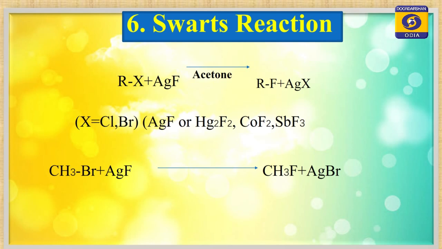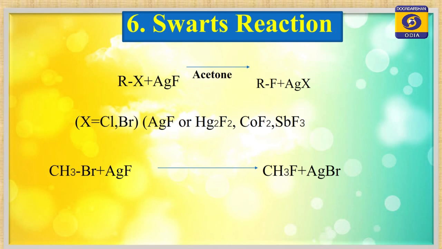Here we use the reagent silver fluoride, cobalt fluoride or antimony fluoride, any one you can use. Here I have used silver fluoride. The reaction is RX plus AgF gives RF plus AgX. AgX is a precipitate, you can easily separate it and get fluoroalkane. So, the Swarts method is used when converting bromoalkane or chloroalkane into fluoroalkane. This is called the Swarts reaction.